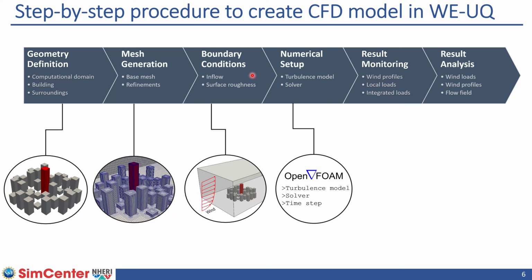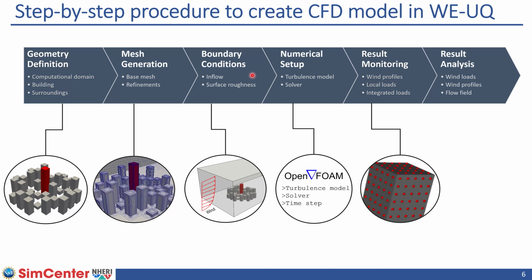Once we did that, then the next step will be to specify all those quantities that we want to be monitored from the simulation, which could be the wind profiles or local wind fluctuations on the building facade or integrated loads on the overall structure.